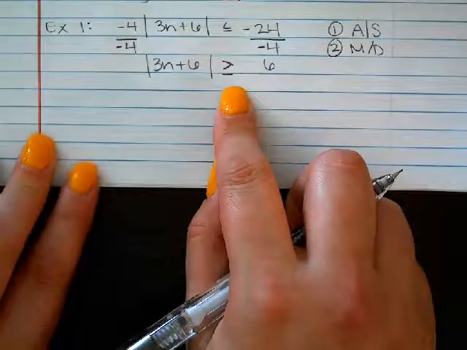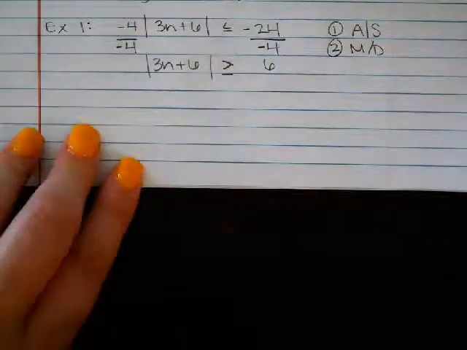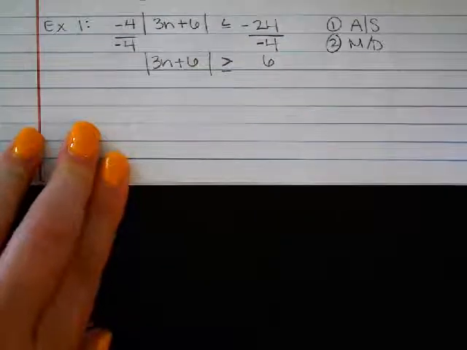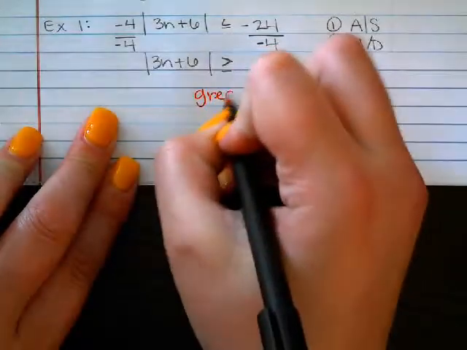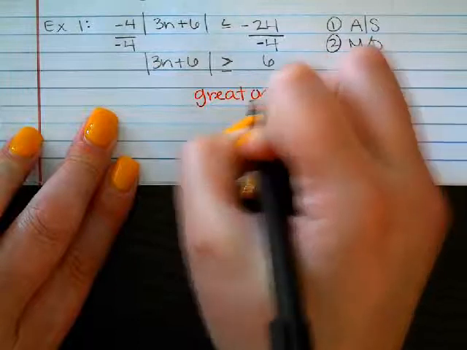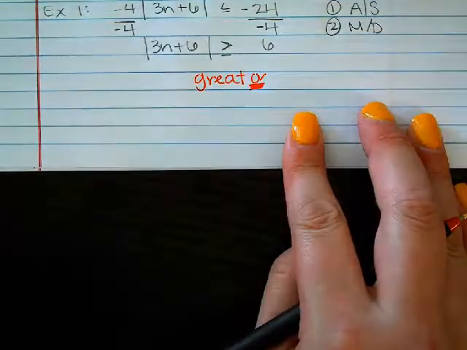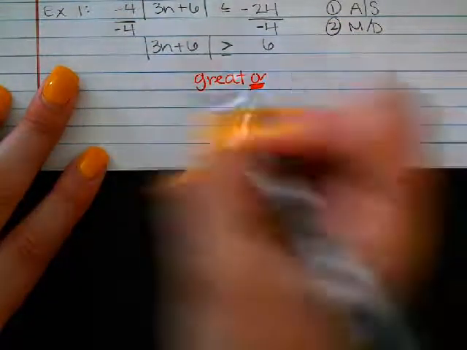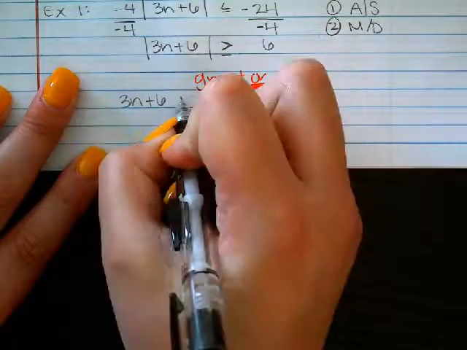Greater. Okay? We are going to have one or the other. Greater. Okay? So everybody write "greater or." Okay? So this is where we have our two versions. The first version is 3n plus 6 is less than or equal to -6.